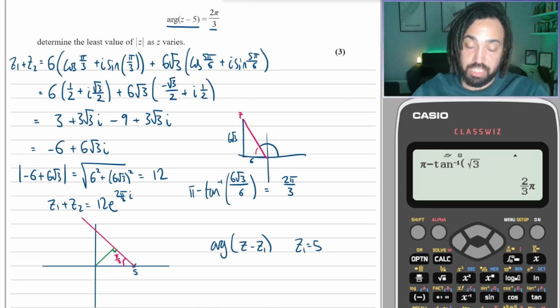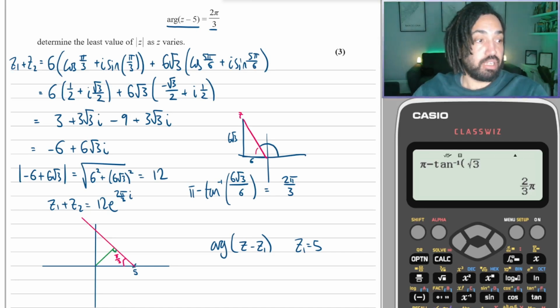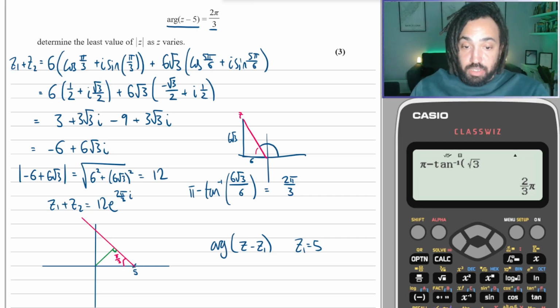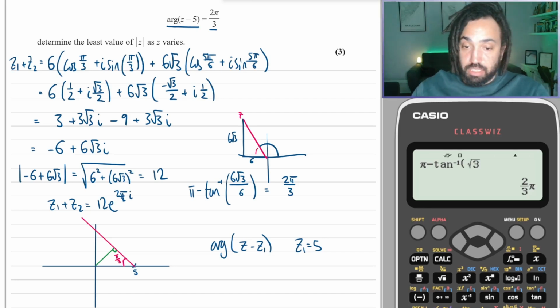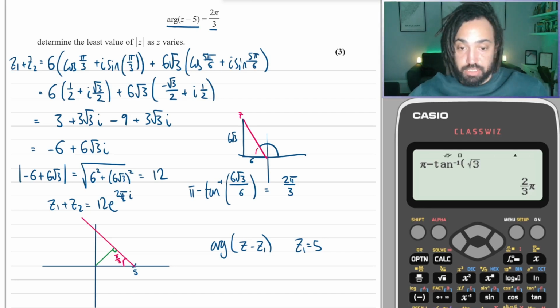That's the quickest way of getting from the origin to the red line. So I want to work out what the value of this green line is. That would be the smallest value or distance that z can take.